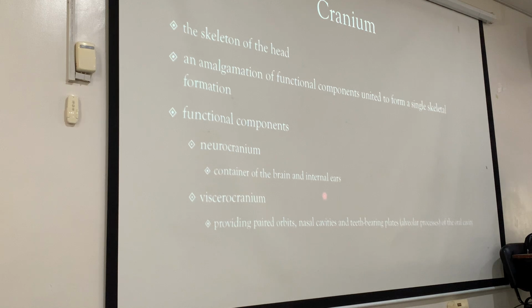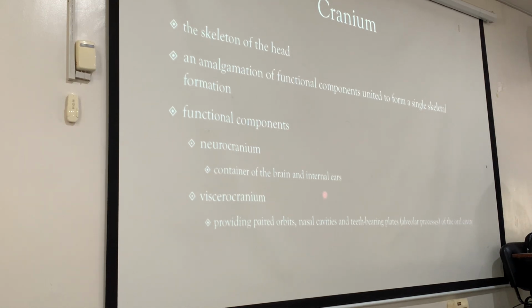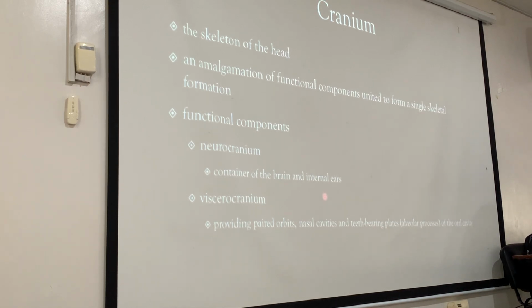It is an amalgamation of functional components united to form a single skeletal formation. The cranium is composed of multiple bones that are brought together. And there are two functional components. One is called the neurocranium, and the other is called the viscerocranium.